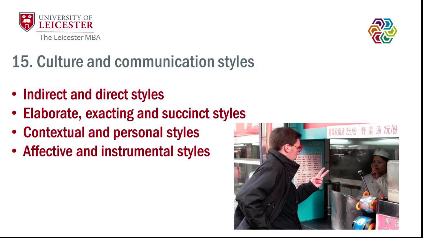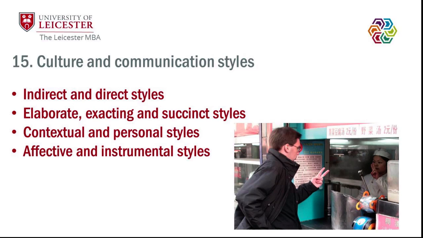In high context societies, the elaborate style is often very common. There's a great deal of talking, descriptions include much detail, and people will tend to repeat themselves. And this style is associated by many theorists with some Arabic countries.